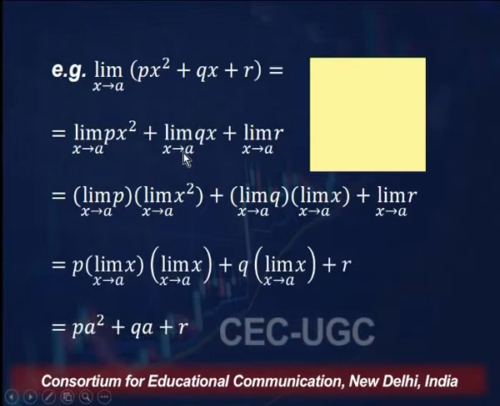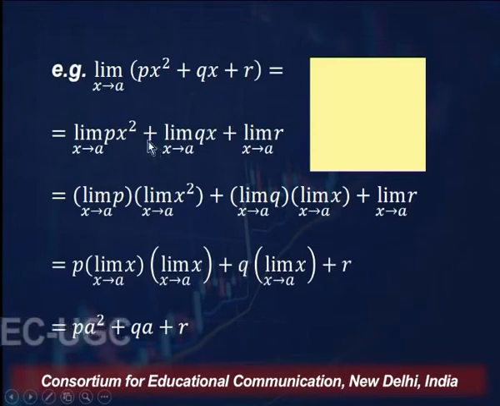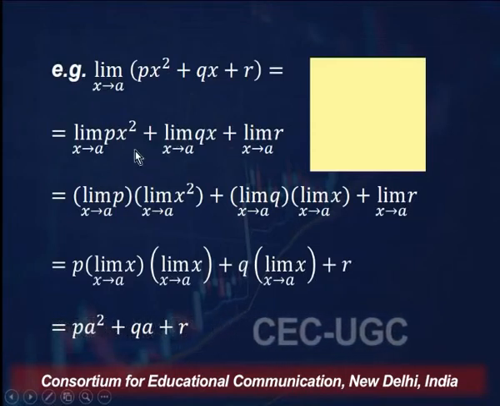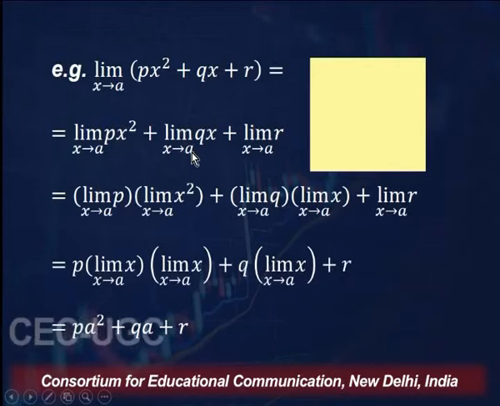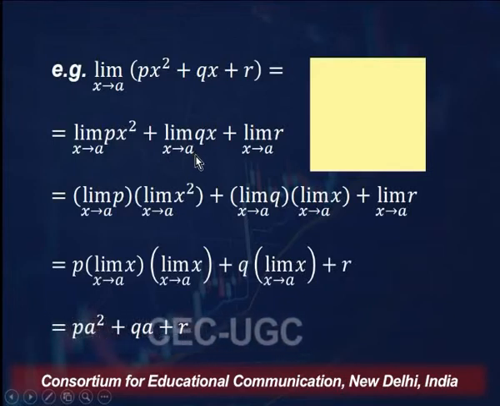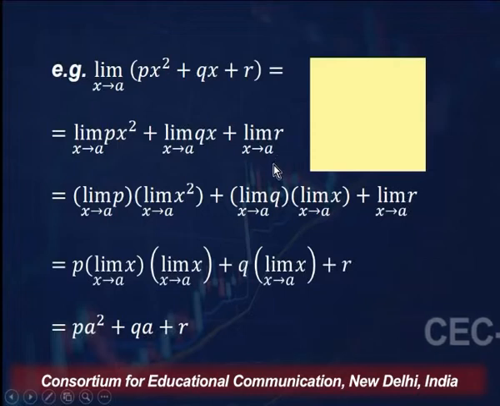Because we know that the limit of the sum is the sum of the limits, we can separate out these terms, and we can write this as the limit of p times x squared as x tends to a plus the limit of q times x as x tends to a plus the limit of the constant r as x tends to a.